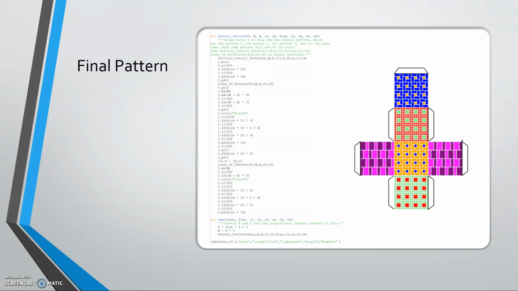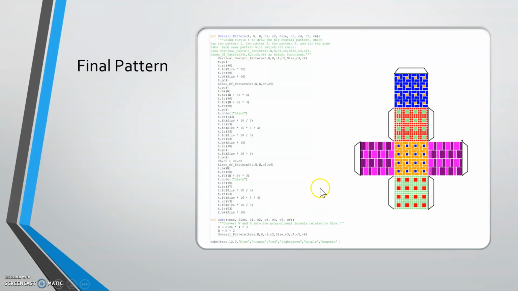And after that, I wrote my top level function. I called it cube. It has the turtle, the size, and 6 colors. The cube function will convert W and H, which are the width and height of the rectangles, into a proportional formula related to size.